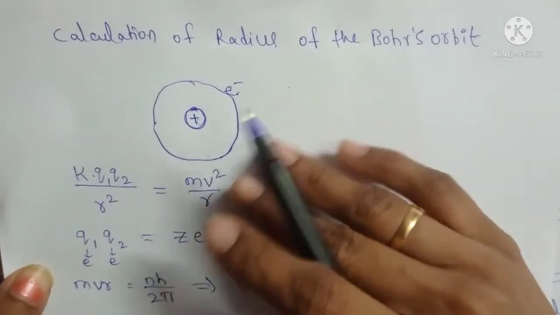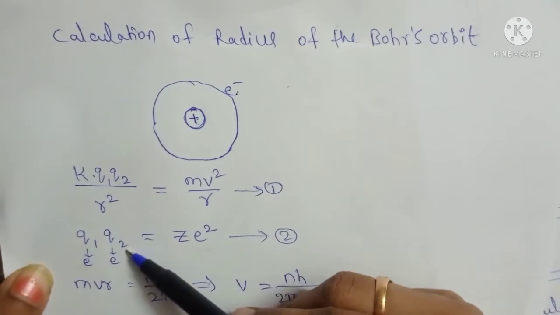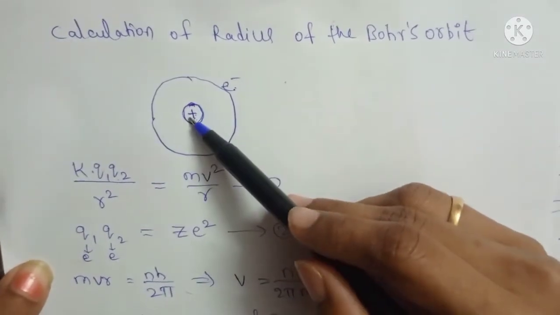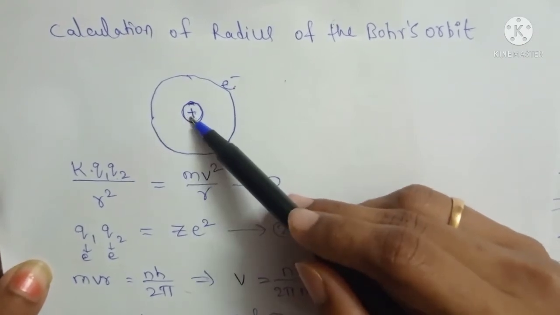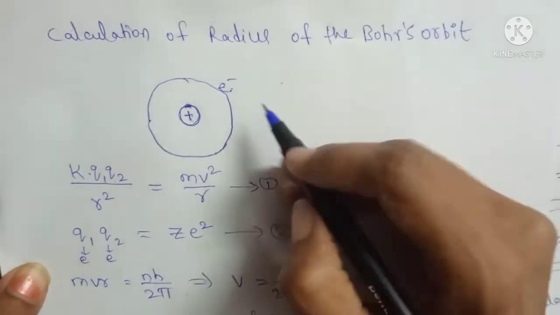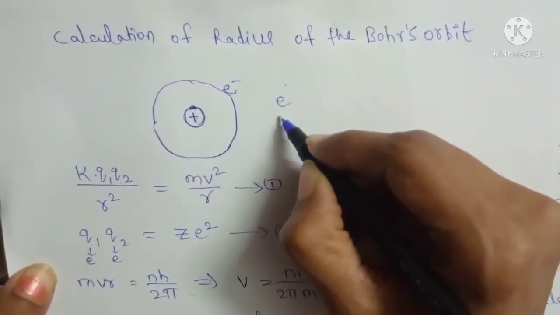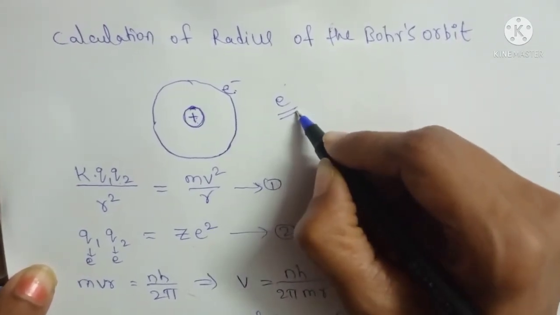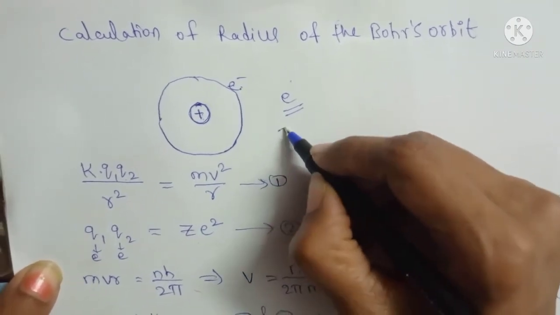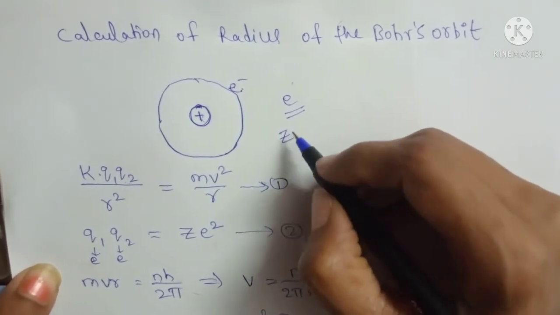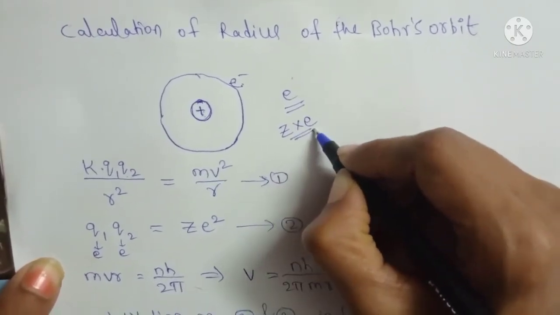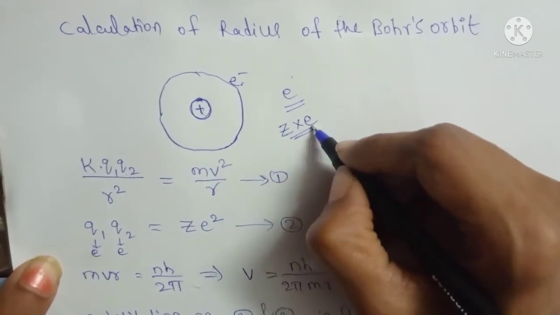We can replace this Q1 Q2 with Z E square. How much positive charge is there will be equal to the atomic number times the proton charge. Each proton charge is E, and Z is the atomic number. So the total positive charge will be atomic number into charge.